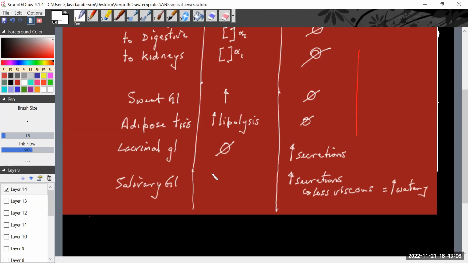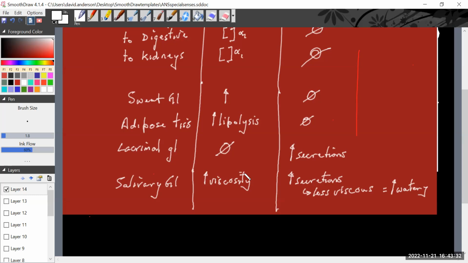So on the fight or flight side, most of us can appreciate this. You sometimes will notice that your mouth gets a little bit sticky during a stressful time, right? Let's say you're playing a sport and you're getting psyched up before the sport, so your fight or flight system is in full force, and you notice that your mouth starts to get a little bit sticky.